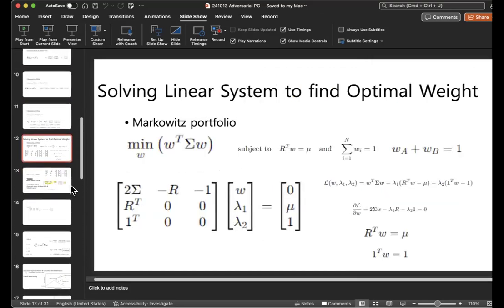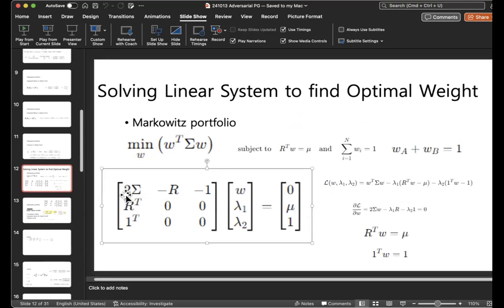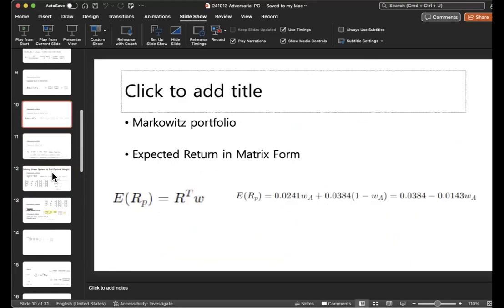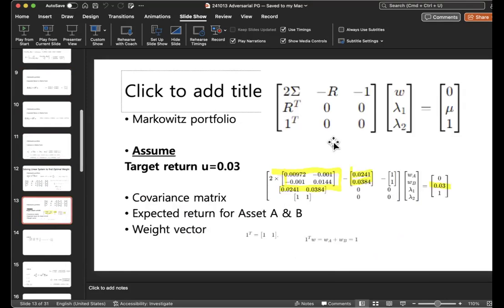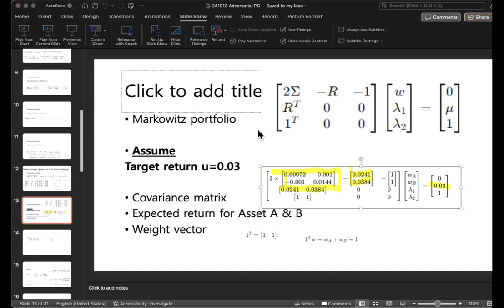Wait a minute. This is actually each part that we already calculated before. If we go below, W is the weight of the stock, this is the expected return we wanted, and this R is the return vector that we already calculated before with the 5 days of stock price.